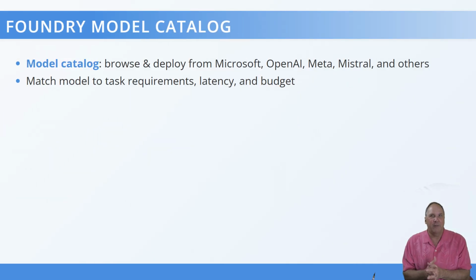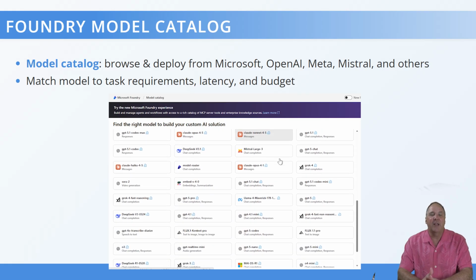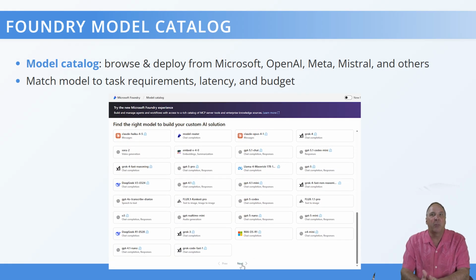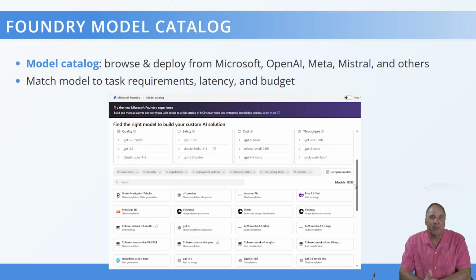Now, Azure AI Foundry, which was formerly known as Azure AI Studio, provides a model catalog where you can browse and deploy models from Microsoft, OpenAI, Meta, Mistral, and other providers. This gives you options across size, capability, and cost.